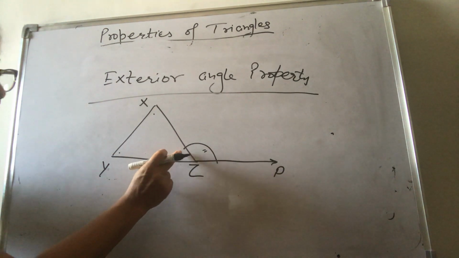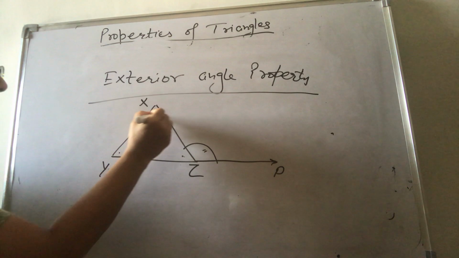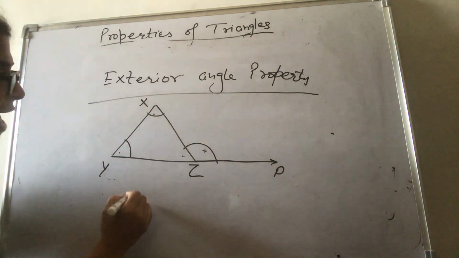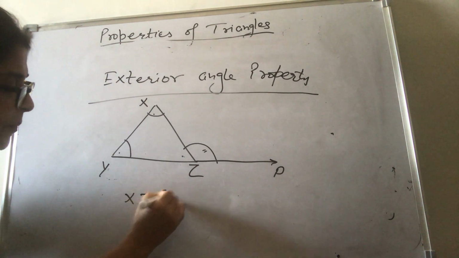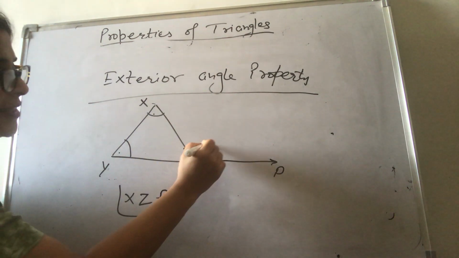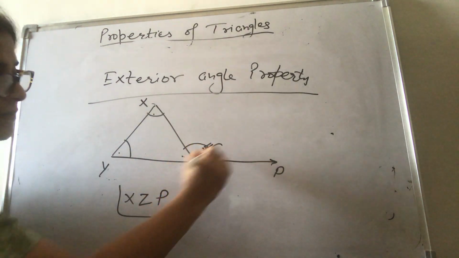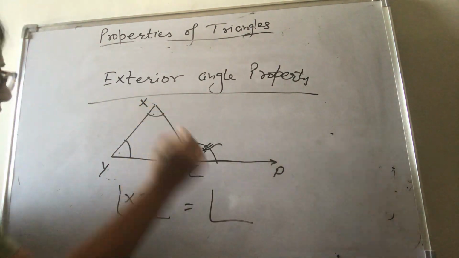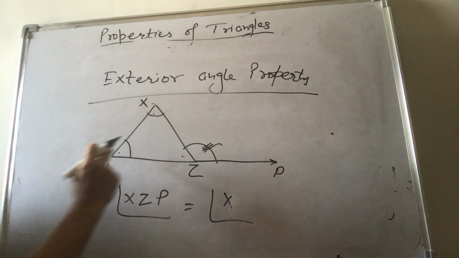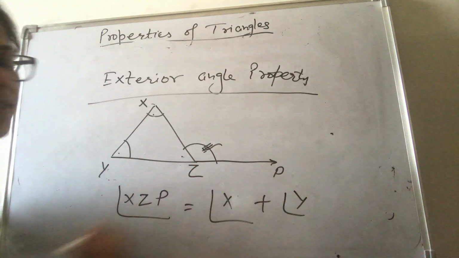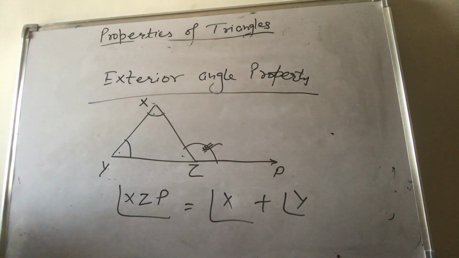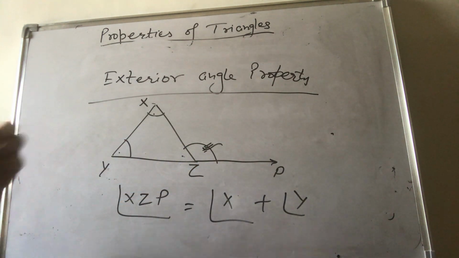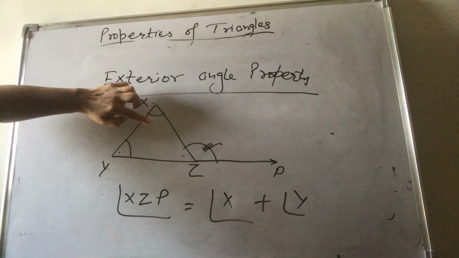So we will not take this angle. The rest of the two angles we will take. Angle XZP is the exterior angle, this angle, and that is equal to angle X plus angle Y.